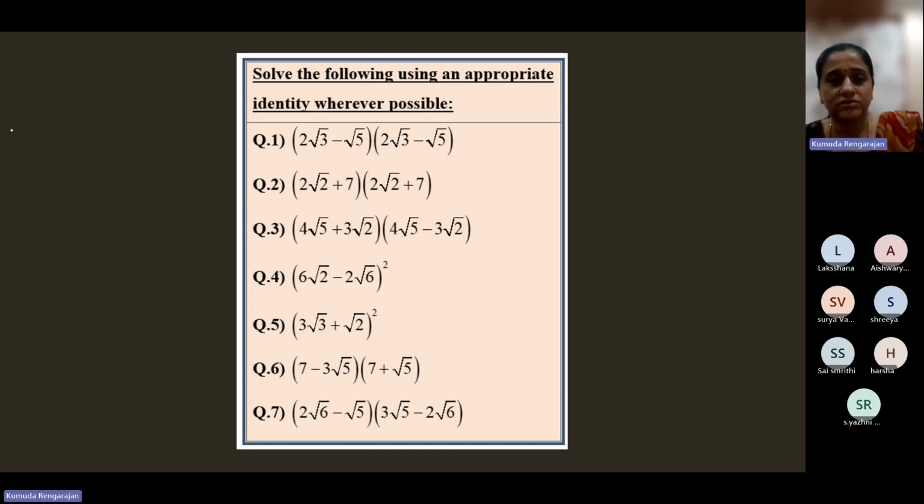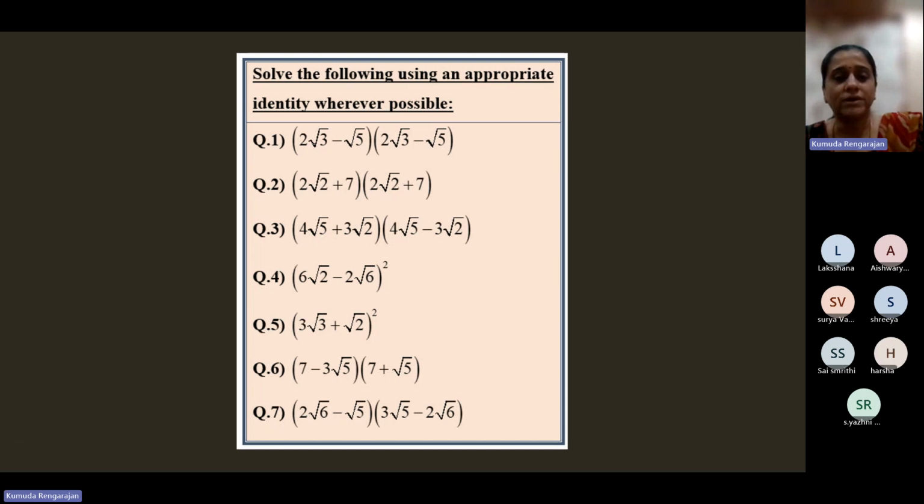Okay, so the heading is you need to solve using an identity if possible. So the first one is 2 root 3 minus root 5 into 2 root 3 minus root 5.